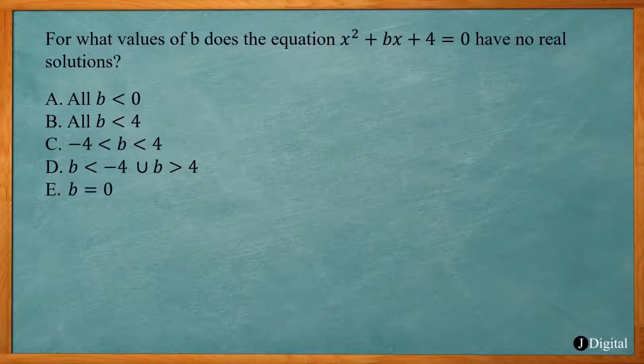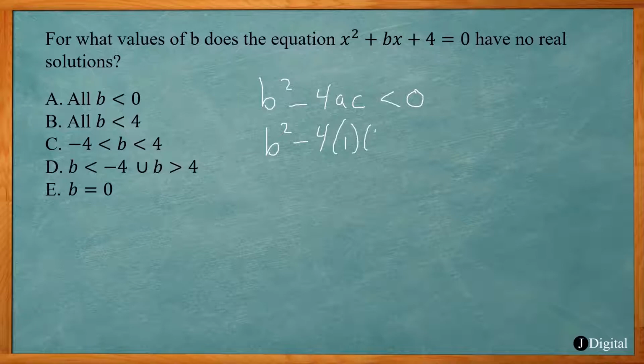So this third one asks, for what values of b does the equation x squared plus bx plus 4 equals 0 have no real solutions? This happens when our discriminant is less than 0. Again, we put in our a and c, and that was b squared minus 16 is less than 0.